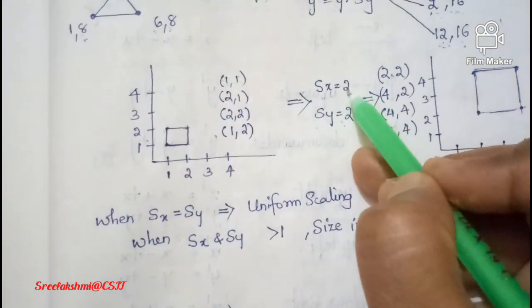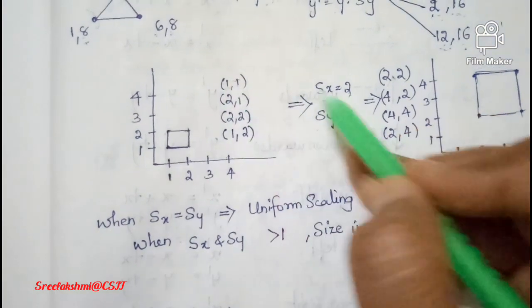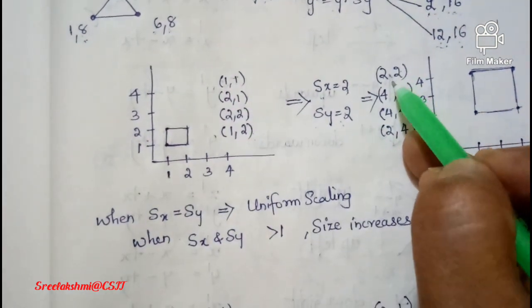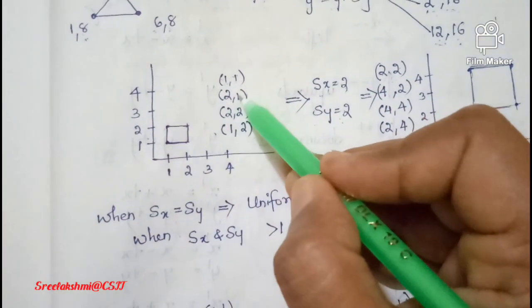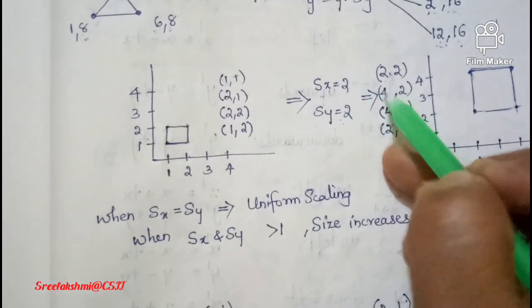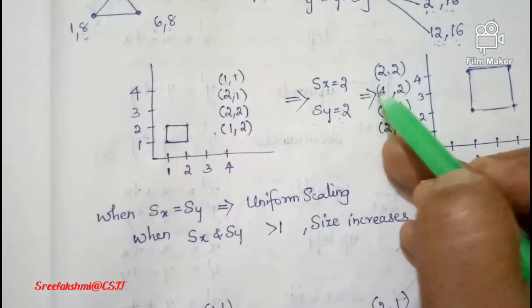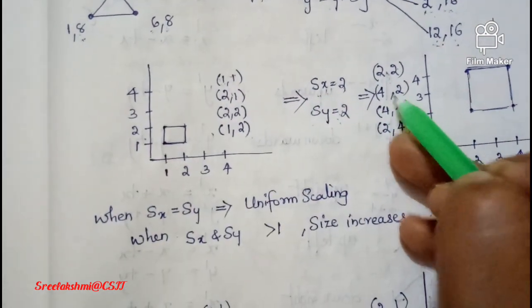So 1 into 2, 2. 1 into 2, 2. So 1, 1 scaled to 2, 2. Next comes 2, 1. 2 into 2, 4. 1 into 2, 2. So 2, 1 scaled to 4, 2.